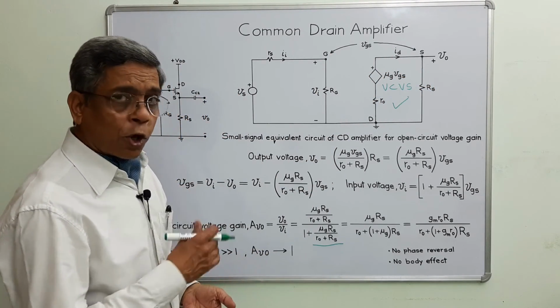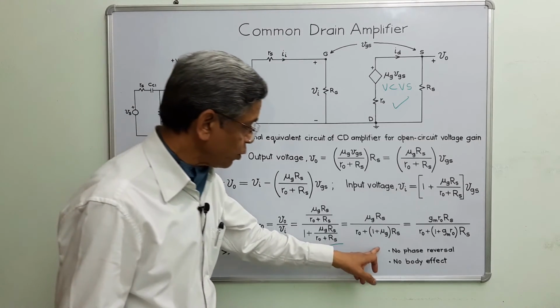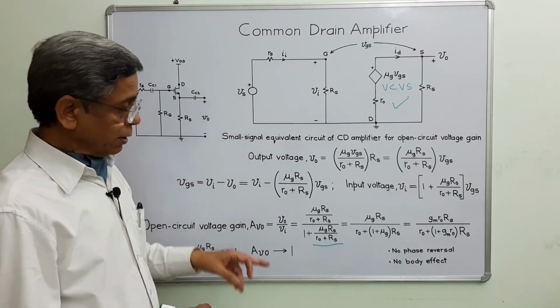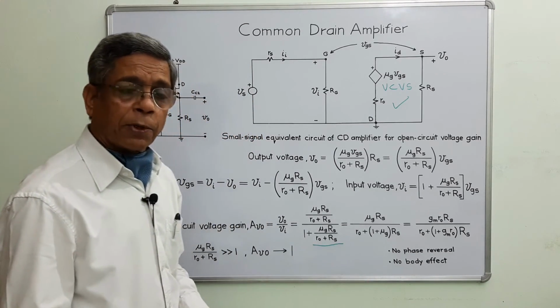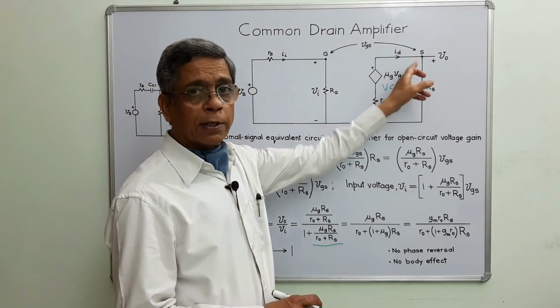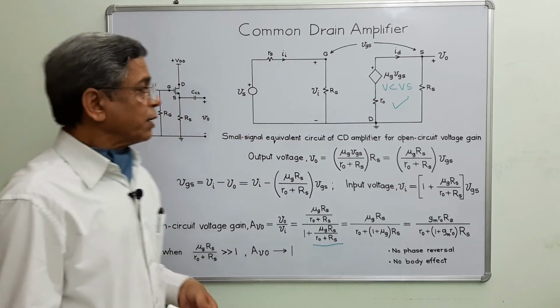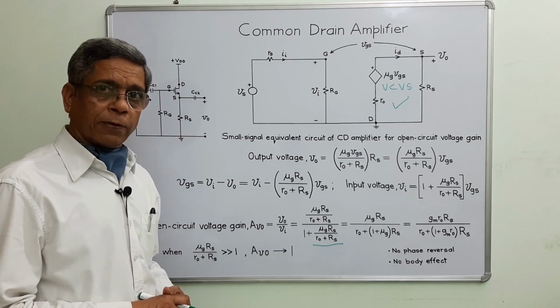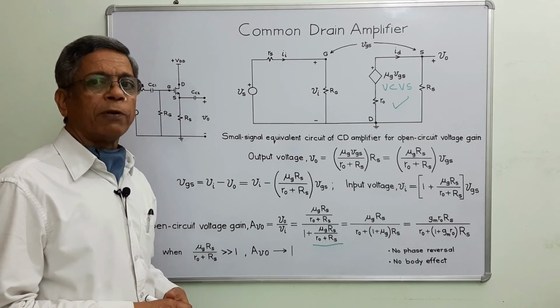Anyway, in common drain amplifier, there is no phase reversal of input signal, and there is no body effect, because in this analysis we have assumed that body and source terminals are interconnected. This was all about the working and terminal characteristics of common drain amplifier working at mid frequency range.